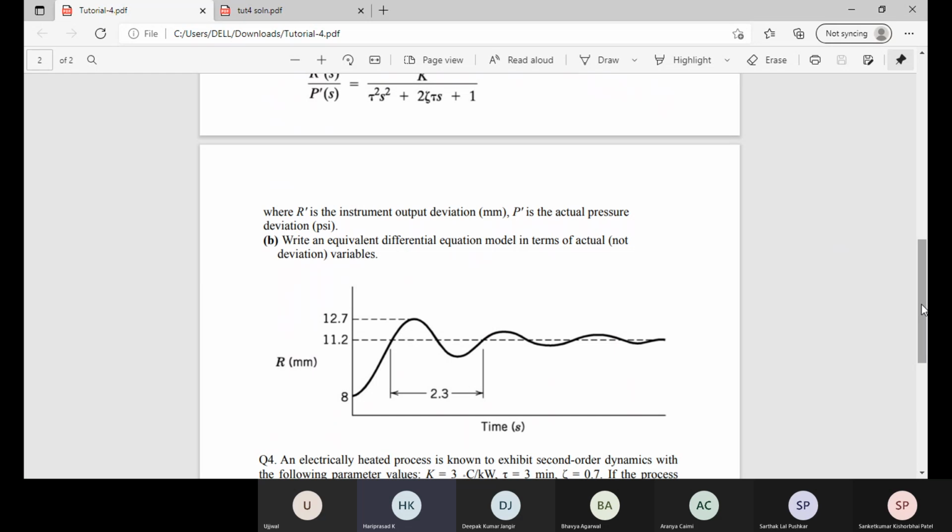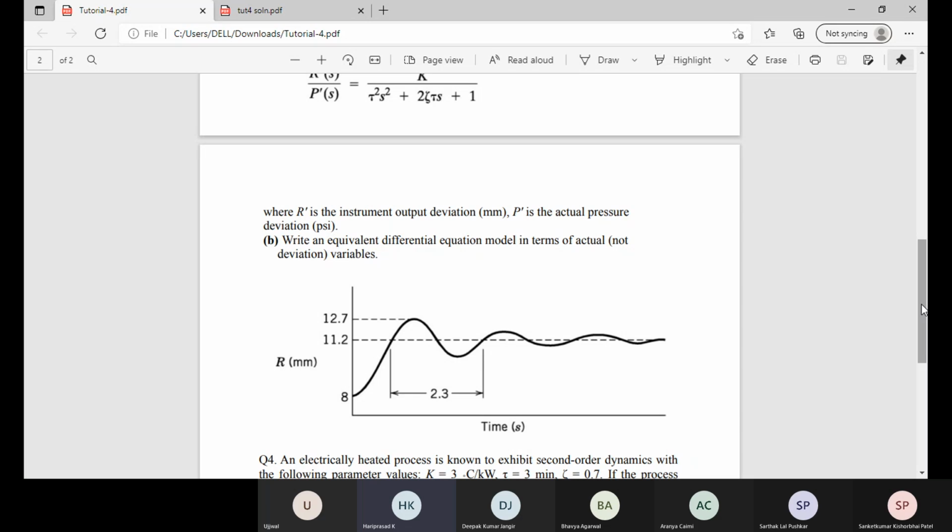The only point here is that you will have to carefully take care of what is the deviation variable and the actual variable, whether the steady state value is accounted for or not.